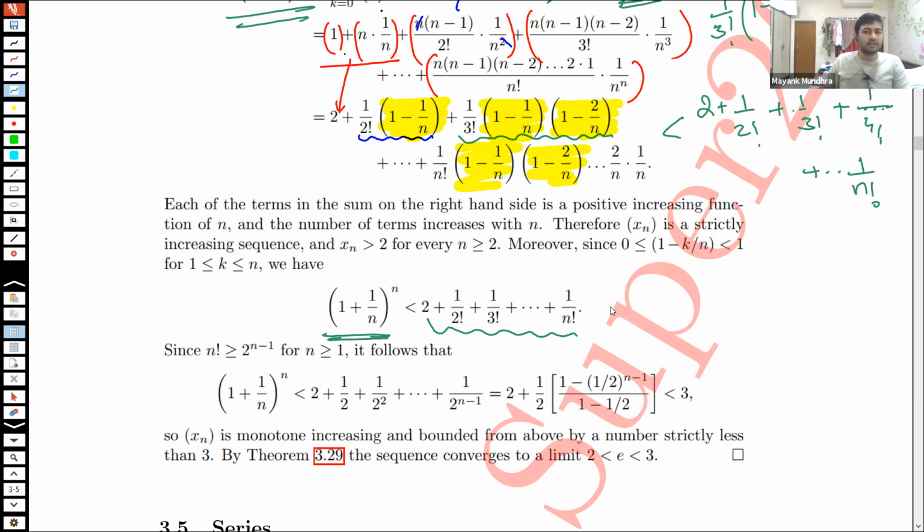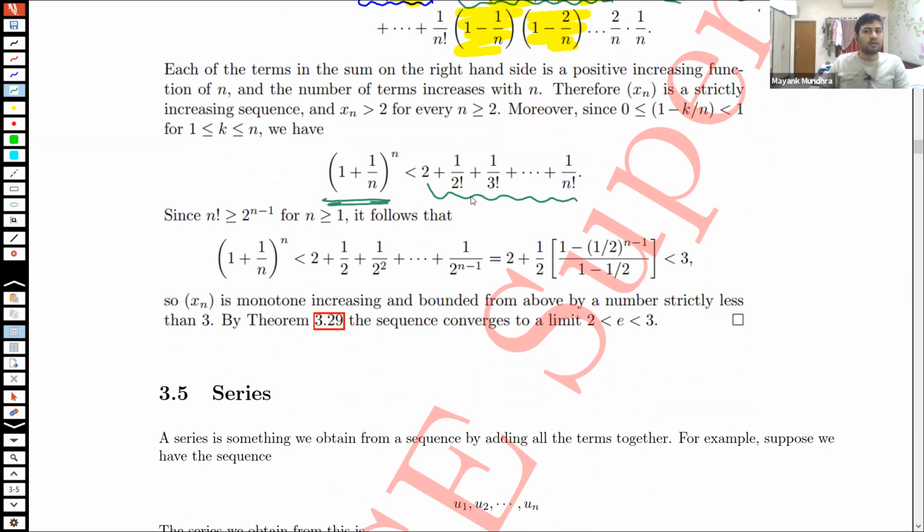So now finally, what is this thing? Now n factorial is greater than or equal to 2 to power n minus 1.